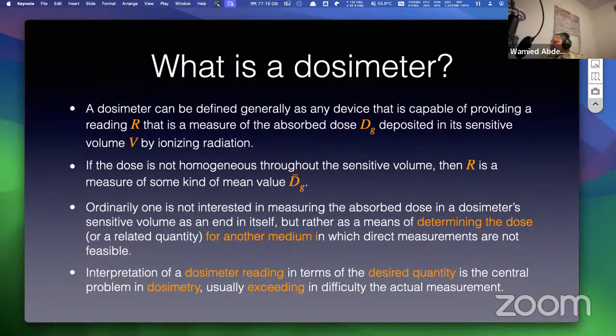We are not interested in measuring the dose inside the dosimeter or its sensitive volume. An example we went through is the ionization chamber, where we could measure a signal, and the signal could give us a dose in the air cavity of the chamber. But what we're interested in is getting the dose in media when the chamber is not there.